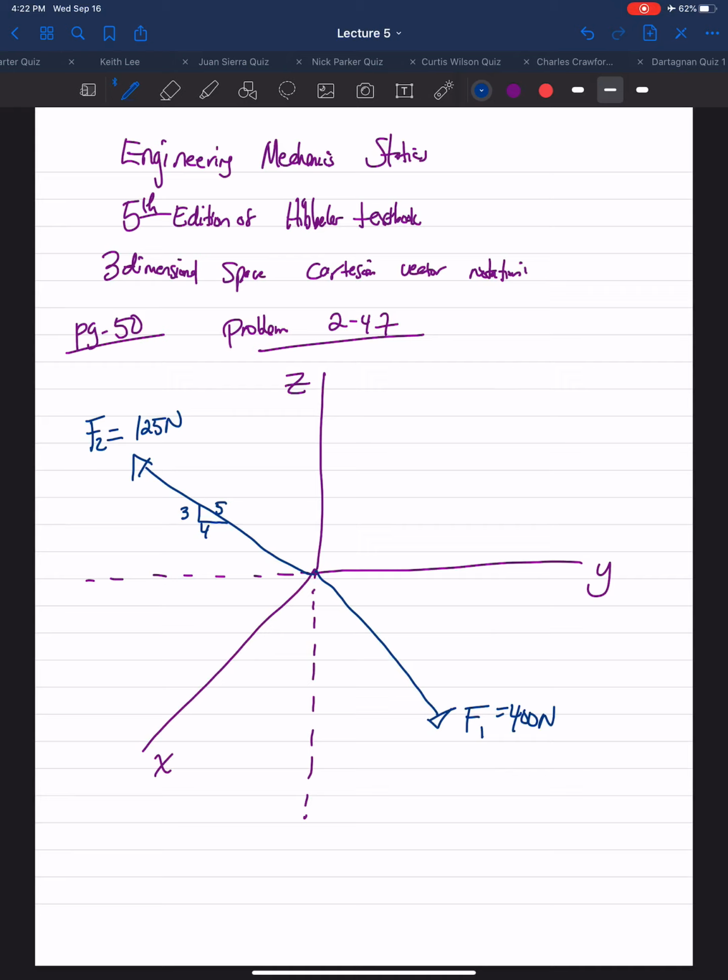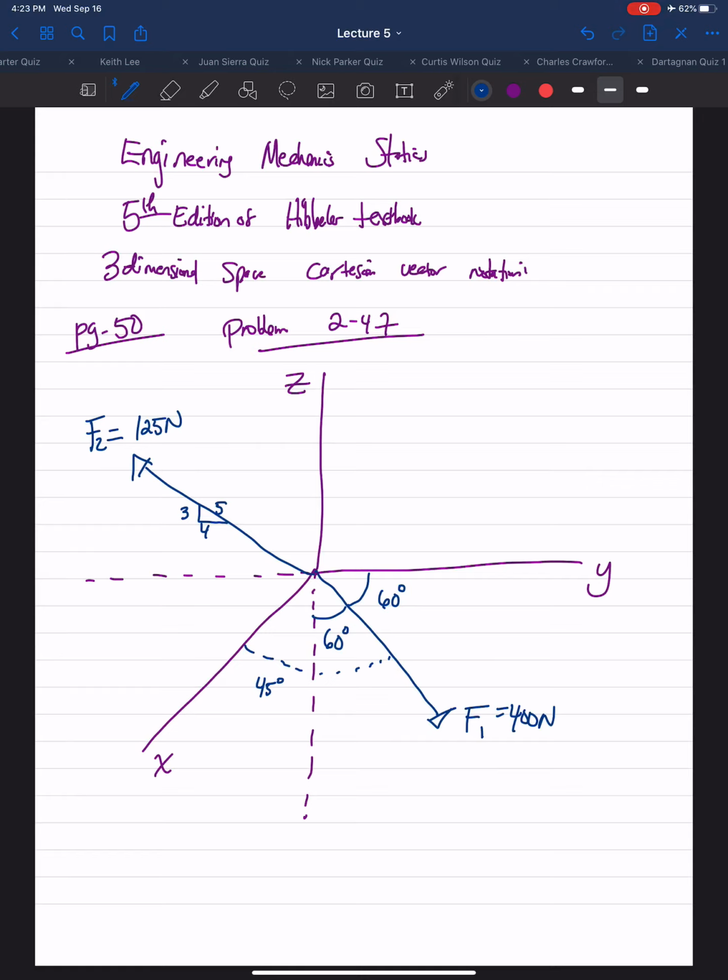The angle between F1 and our z-axis is 60 degrees. F1 and the y-axis is 60 degrees. And F1 and the x-axis, I'll do it like this, is 45 degrees.